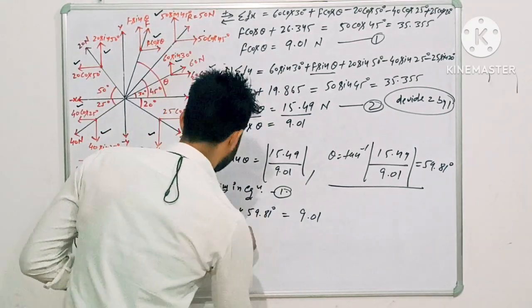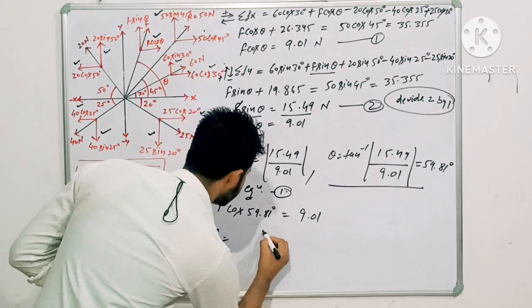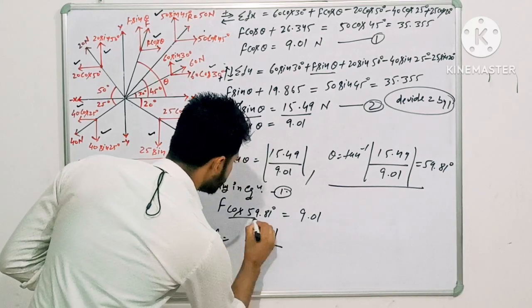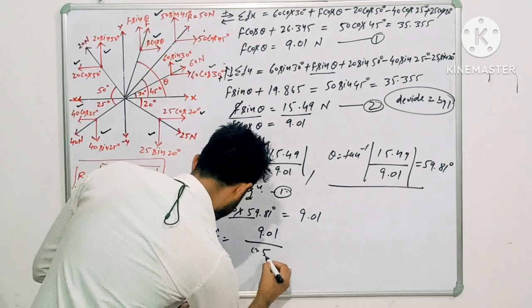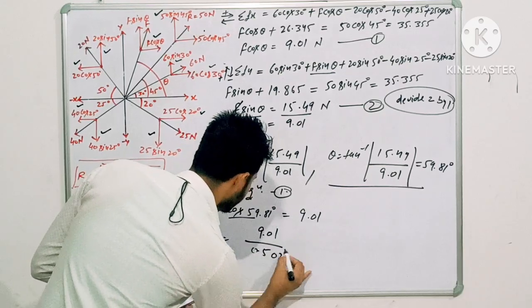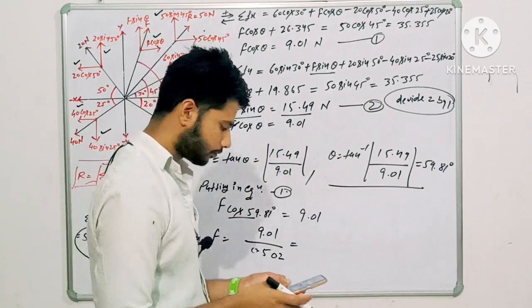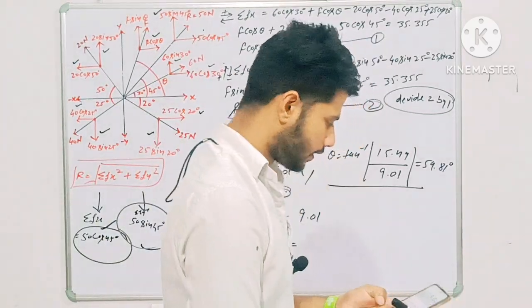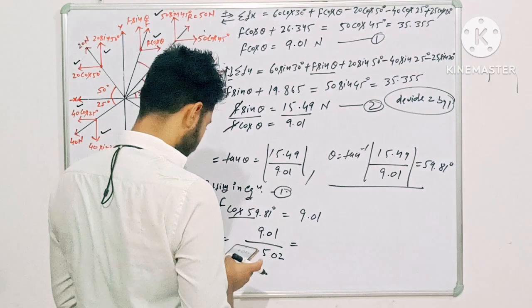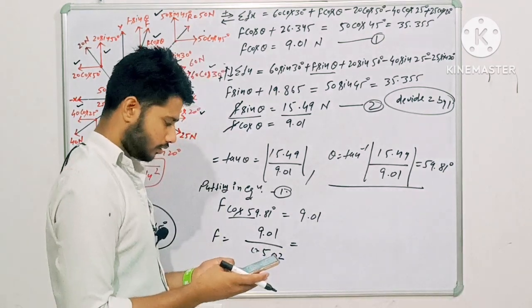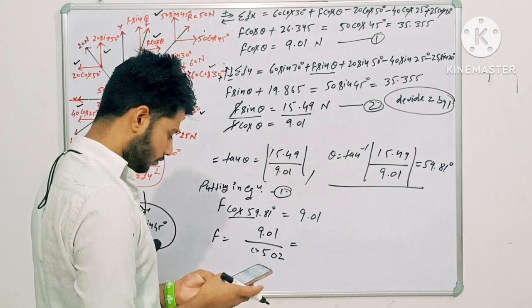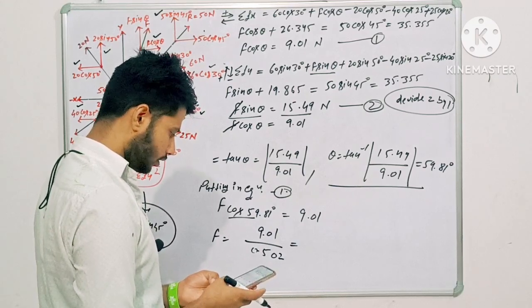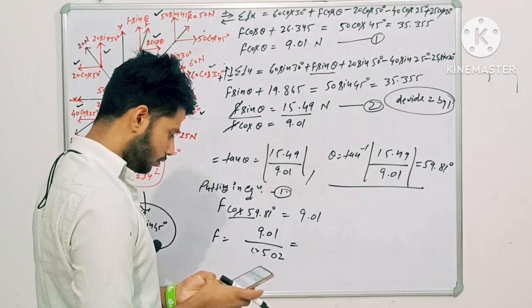0.502, and F will be 9.01 divided by 0.502.